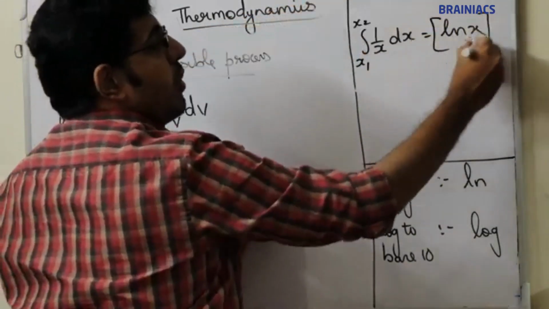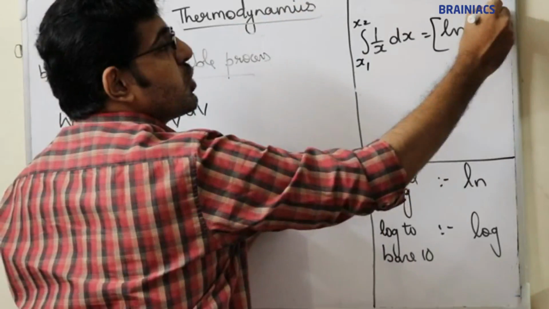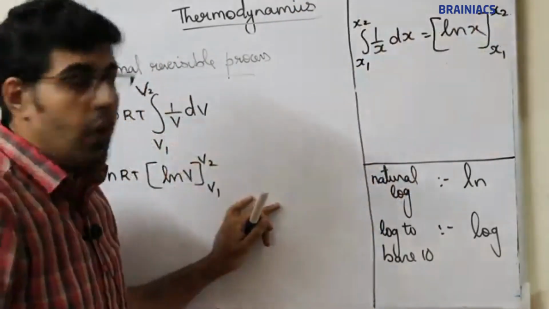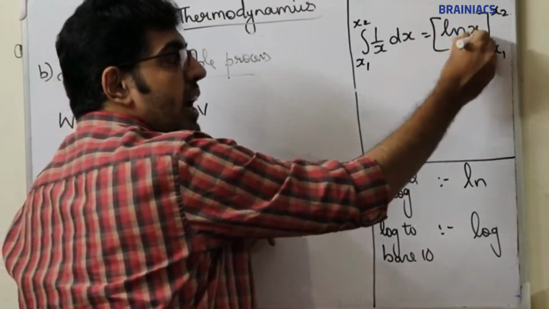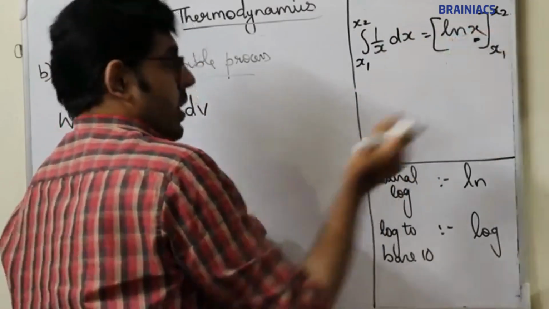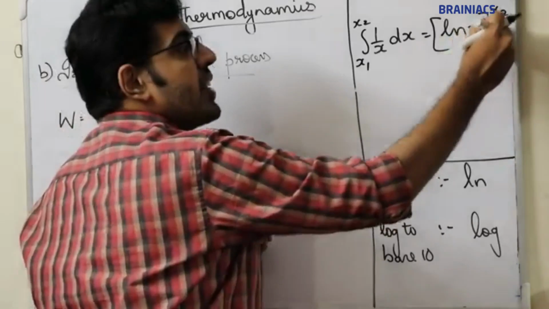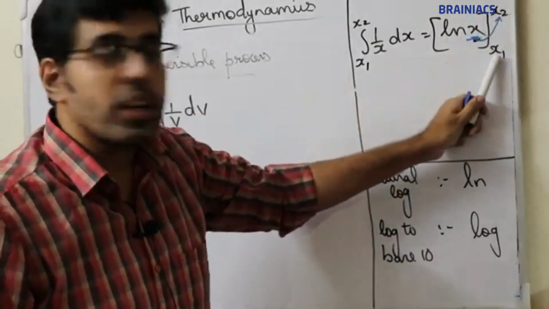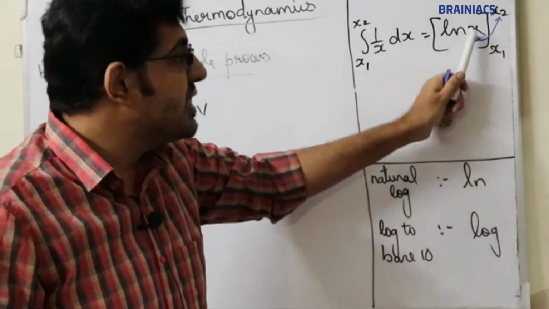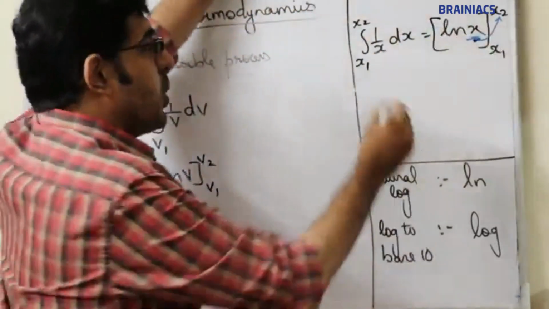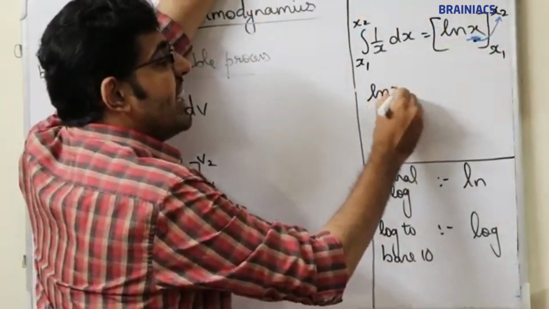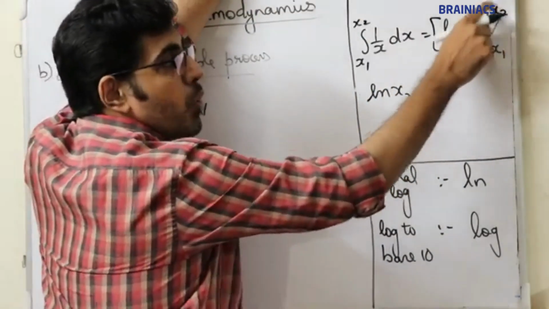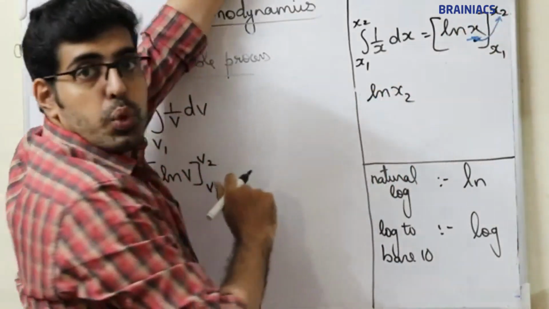Then we write the limits x1 and x2. Then instead of x, you write x2 first. x2 is known as the upper limit and x1 is known as the lower limit. Instead of x, first you put x2. So you will get ln x2.